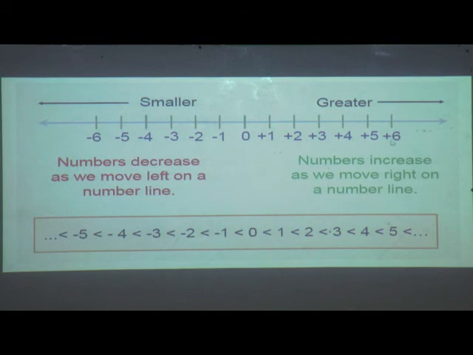And if we move towards the left side, the numbers are decreasing, like -1, -2, -3, -4, -5. So these are decreasing as we move towards the left. So these are the smaller numbers and these are the greater numbers.